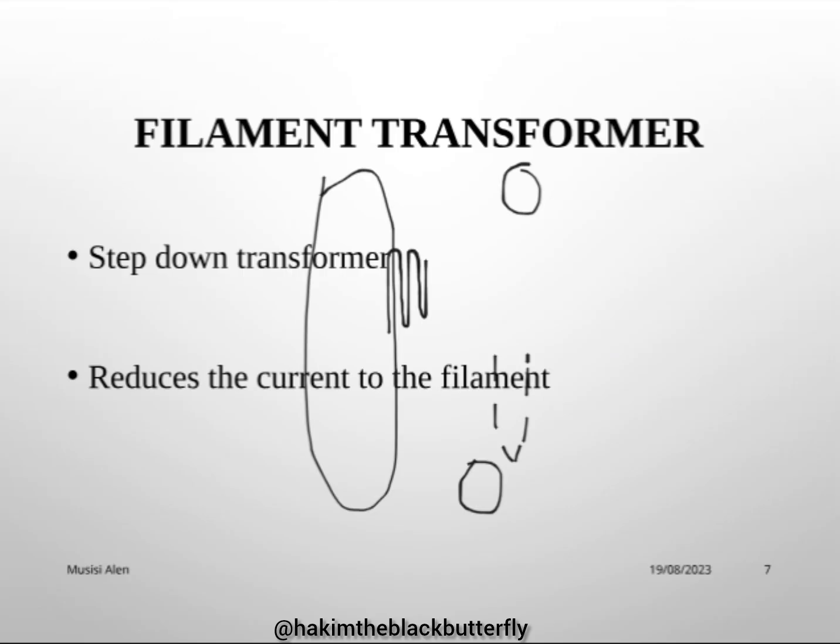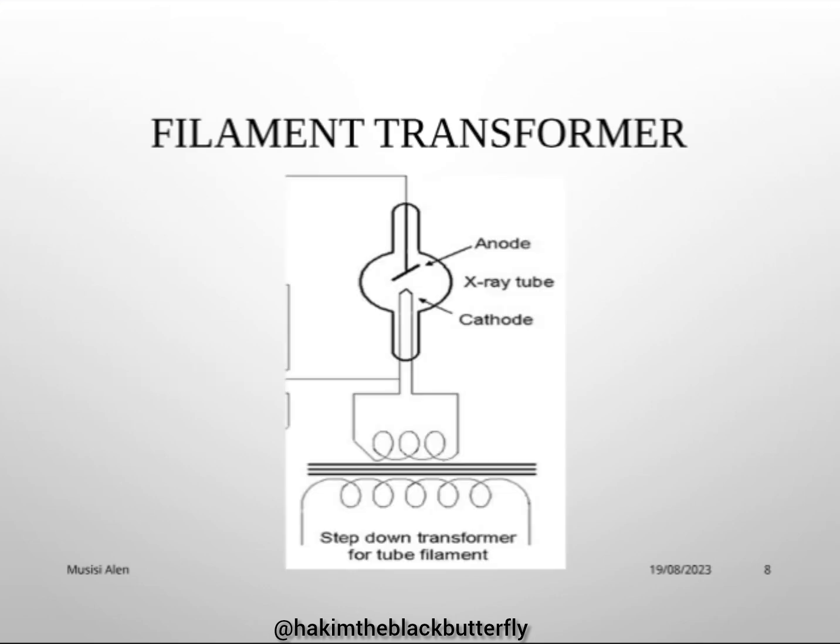Then, within the same generator, I told you that we have a separate circuit for the filament. This separate circuit of the filament has a step-down transformer, which steps the voltage down on the filament. So it reduces the current to the filament.